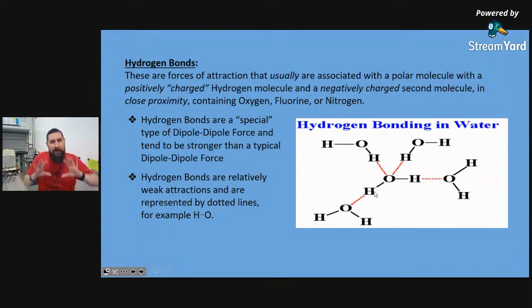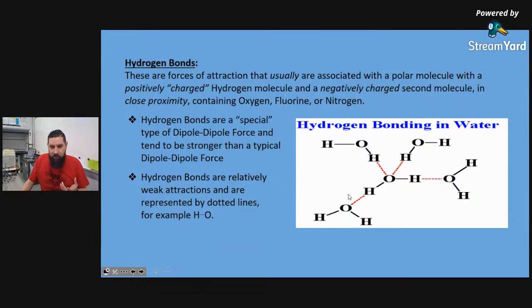But even still, hydrogen bonding is a relatively weak attractive force in comparison to network covalent solids. Again, I think about that scale: network covalent solids are way up here, hydrogen bonding is down here, and then dipole-dipole below it. Okay, and when we denote hydrogen bonding, we use these little dots.